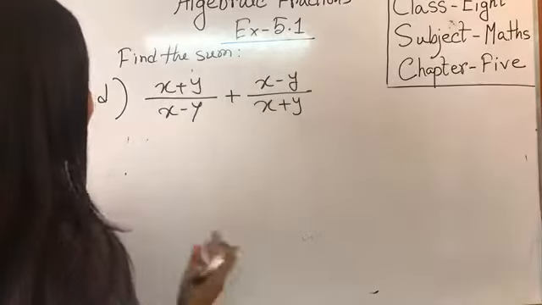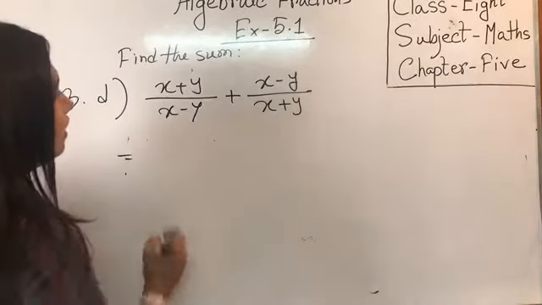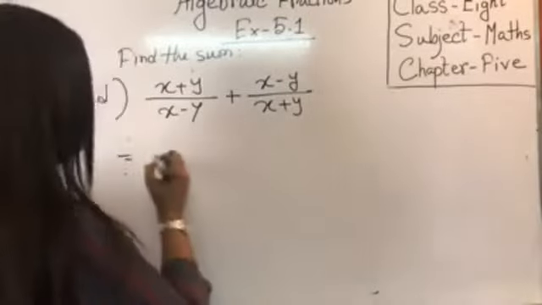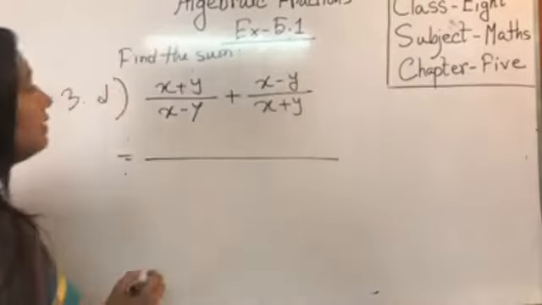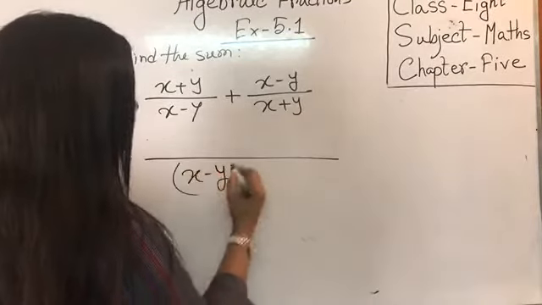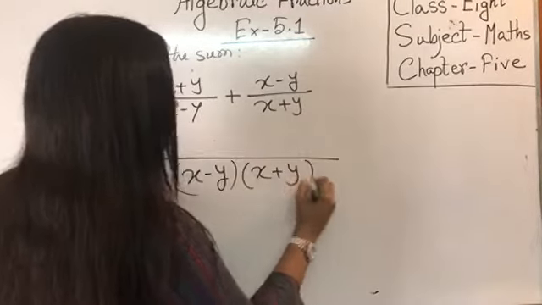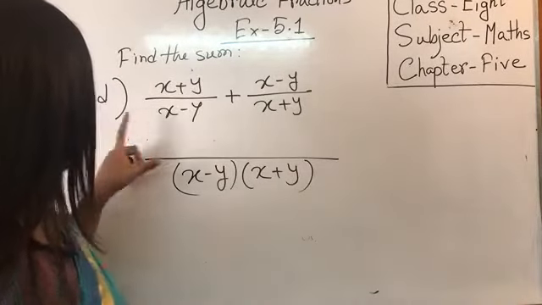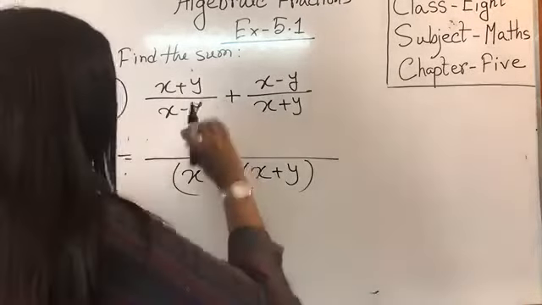So how can you write this? I have to find the same denominator. The LCM is (x minus y) and (x plus y). Then x minus y has to come here.